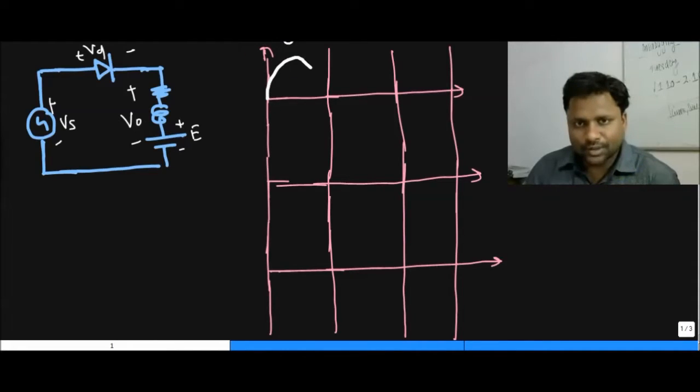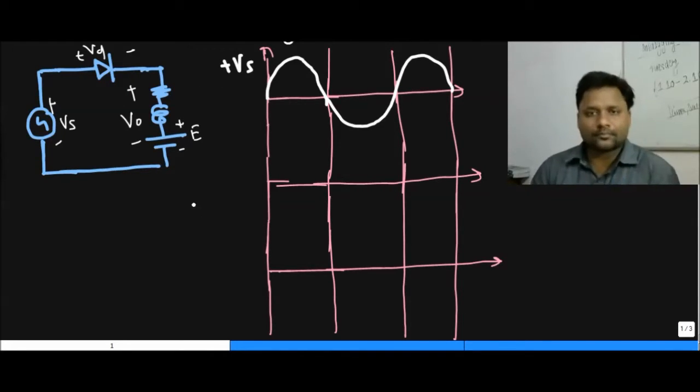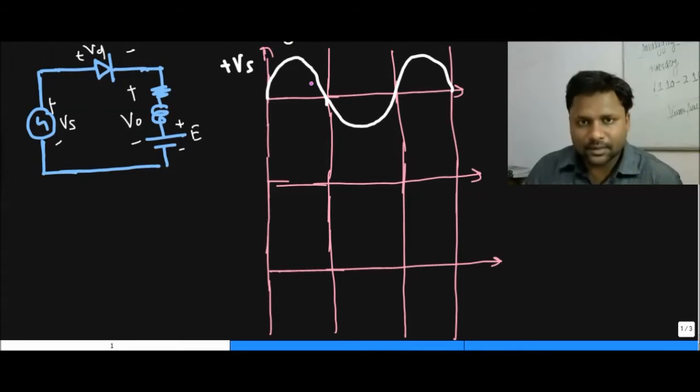This is our source voltage plus Vs, and this is basically you can say our back EMF voltage or E, like this fashion.